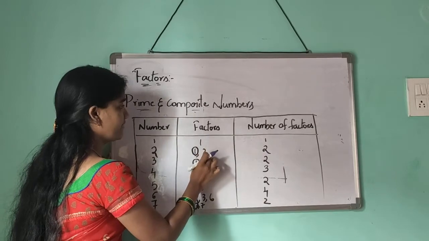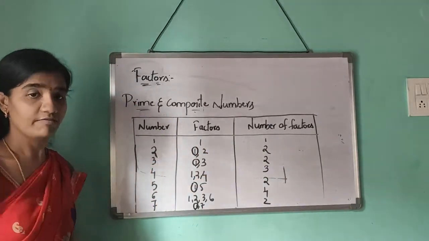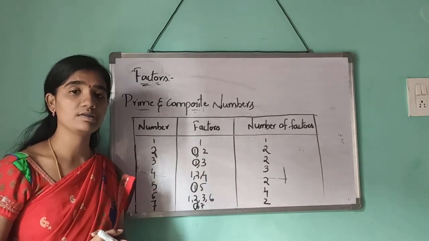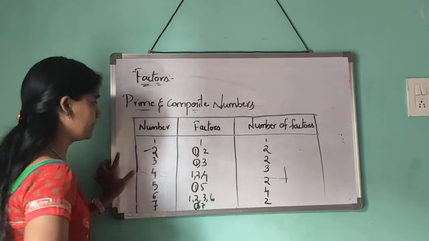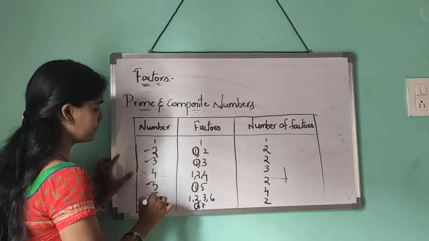For 2, 2 itself is a factor. So such numbers are called prime numbers. Here 2 is a prime number, 3 is also a prime number, 5 is a prime number, 7 is a prime number.